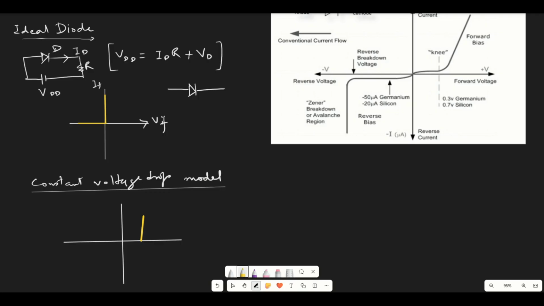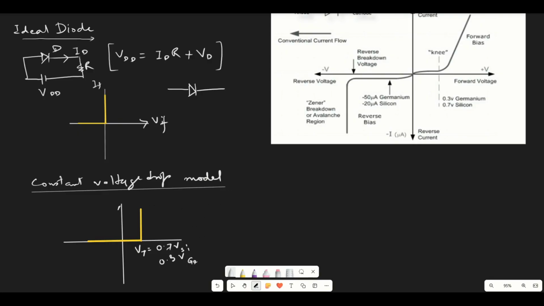So the current conducts immediately after 0.7 volt, and in reverse bias there is no current. This is called the constant voltage drop model, where we have a threshold voltage of 0.7 volt in the case of silicon and 0.3 volt in the case of germanium.